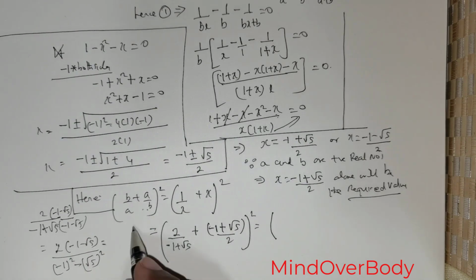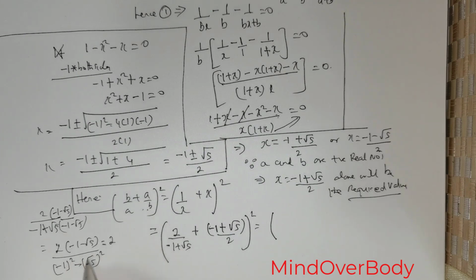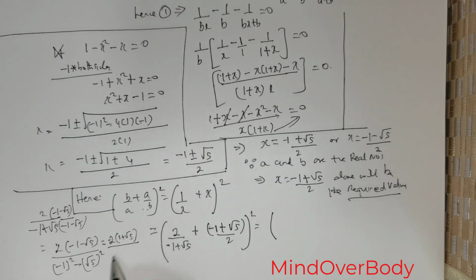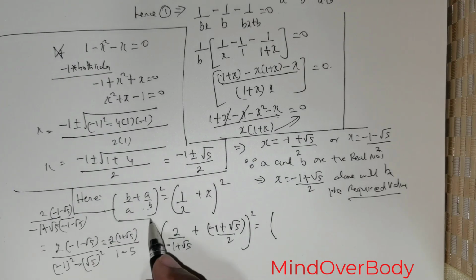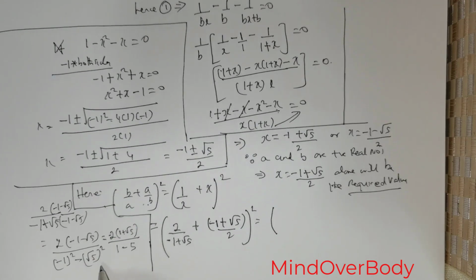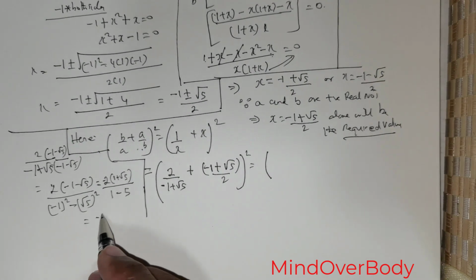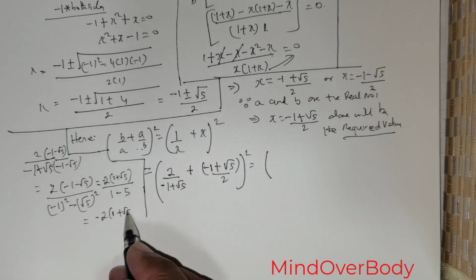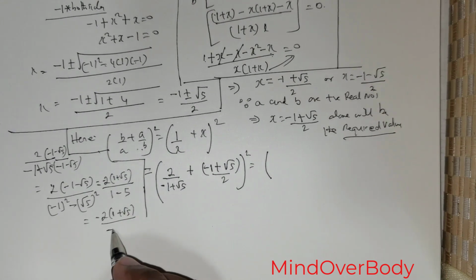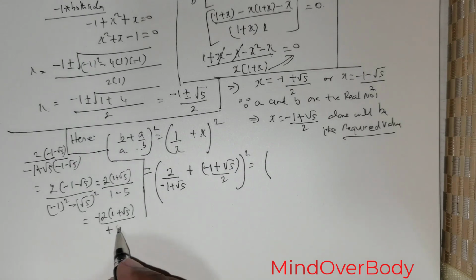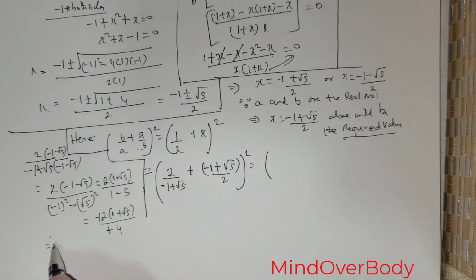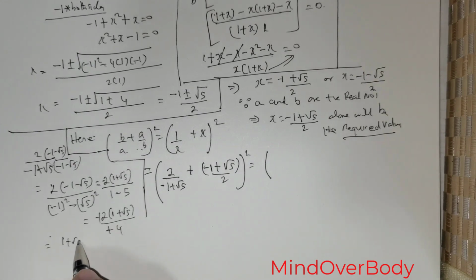So this is going to be 2 times, probably I can take the negative sign out, and that would give me 1 positive root 5 divided by 1 minus 5, okay, and that is equal to -2 times of 1 positive root 5 divided by 1 negative 5 will give me -4. This becomes positive. 2 divides 4 2 times, so this is going to be 1 positive root 5 divided by 2.